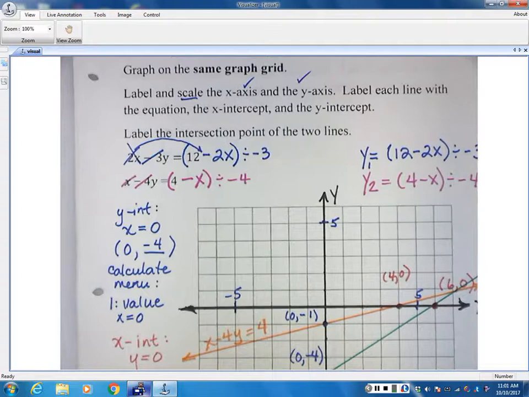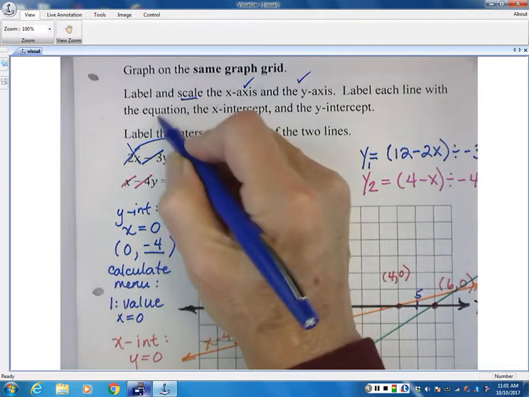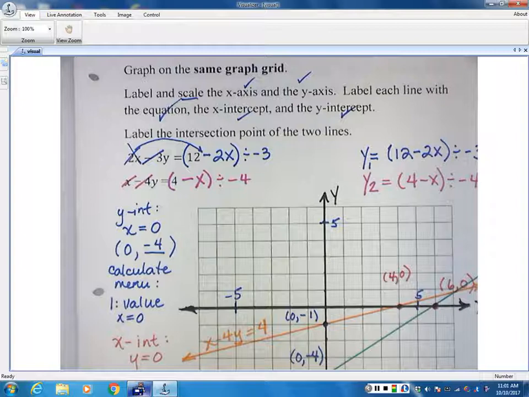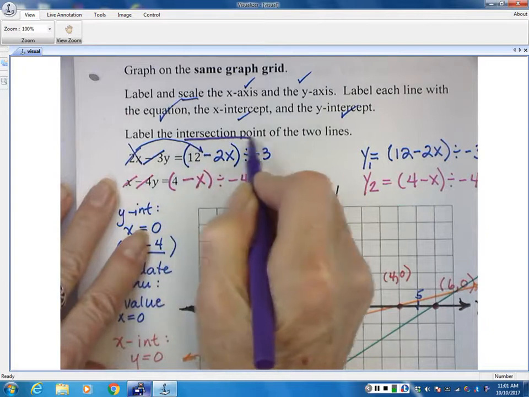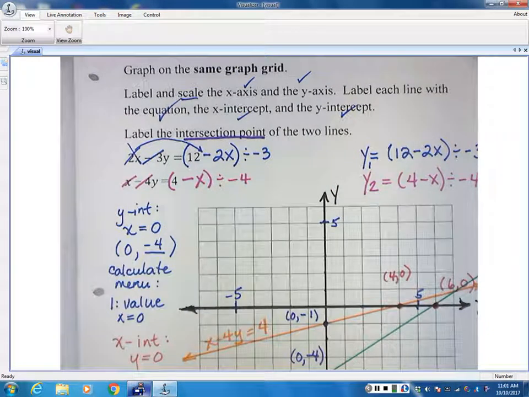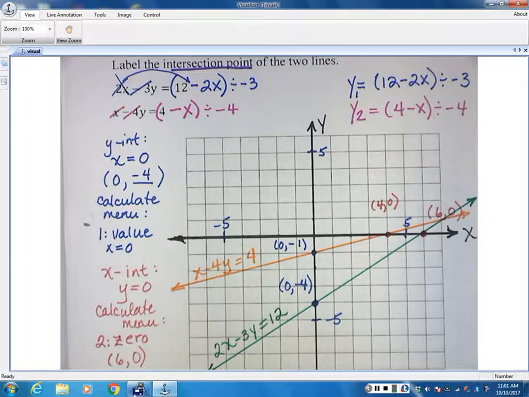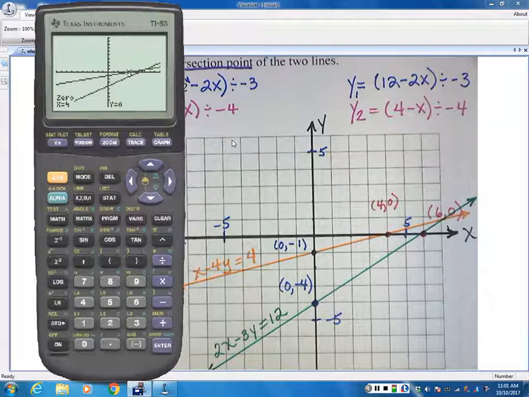And then I've labeled my lines with the equations. I've labeled the x-intercepts, I've labeled the y-intercepts. I only have one thing left to do. Where they cross, I need to know where the intersection point is. Now the calculator's going to help me with that too. The only thing is, if the calculator is going to be able to help you find the intersection point, your calculator has to be able to see the intersection point.